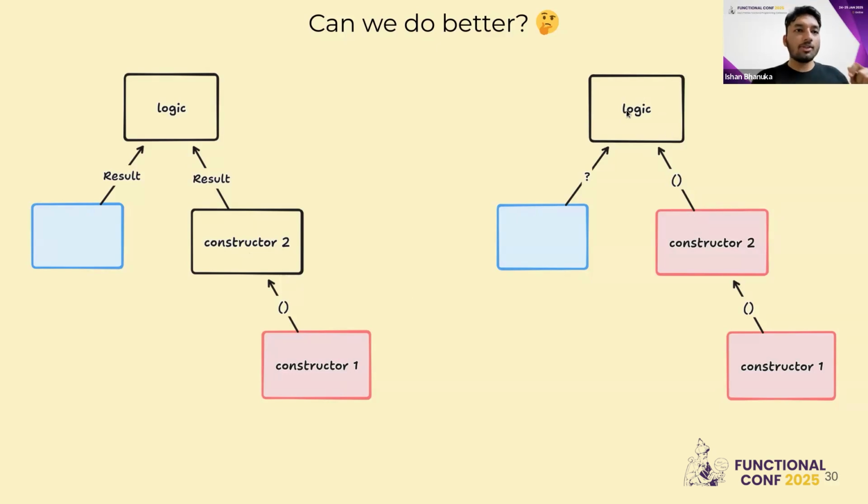But there's a difference. This logic function here does not change its type, because it should not change its type, because its type comes from two different functions. So logic is not getting its data from just one function. Its return type is not decided by one function. It is decided by both the functions, which is why its type should not change.